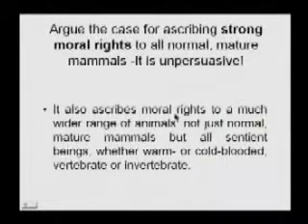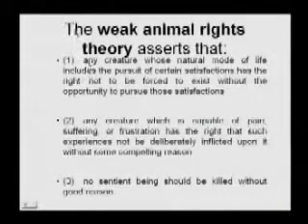The weak animal rights position also ascribes moral rights to a much wider range of animals, not just normal mature mammals, but all sentient beings, whether warm or cold-blooded, vertebrate or invertebrate. Thus, the weak animal rights theory asserts, first, that any creature whose natural mode of life includes the pursuit of certain satisfactions has the right not to be forced to exist without the opportunity to pursue those satisfactions.